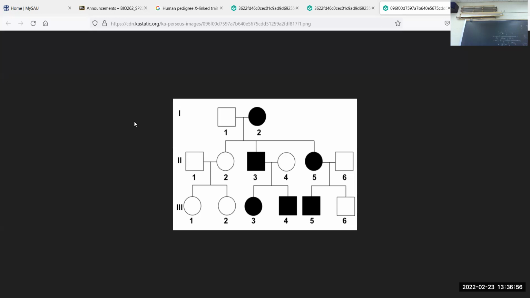So that means this person has to be this, which means this person also would have to be that, right? And then that means this person here, number 6, that person's not affected. Sorry. This person would have to be this. Now, for this to work, that means this allele has to be relatively common in the population. What if that's not the case?